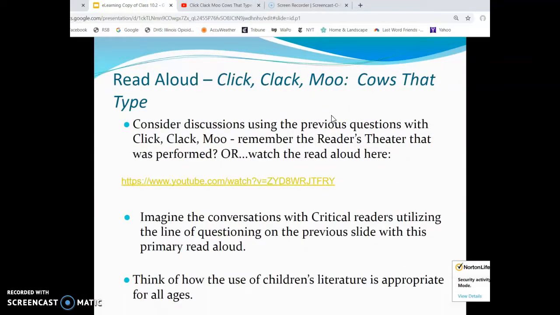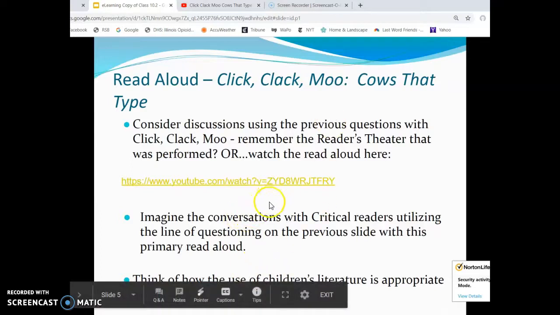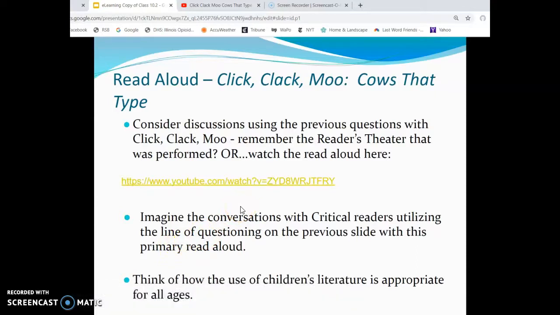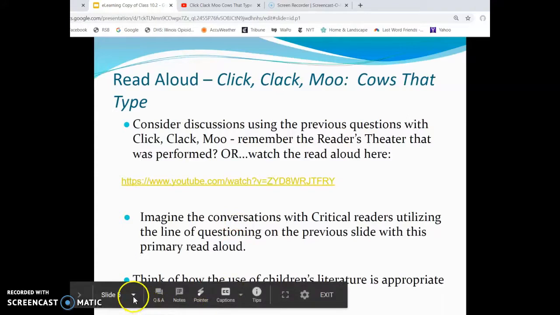So now, as you can see, when we think about this particular read aloud and we think about problematizing it, we want to imagine what the conversations with critical readers would be using this particular line of questioning.